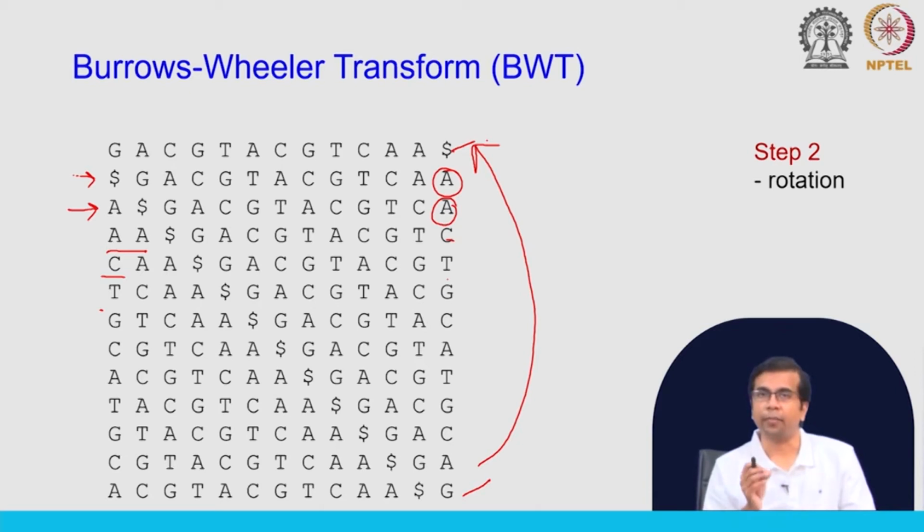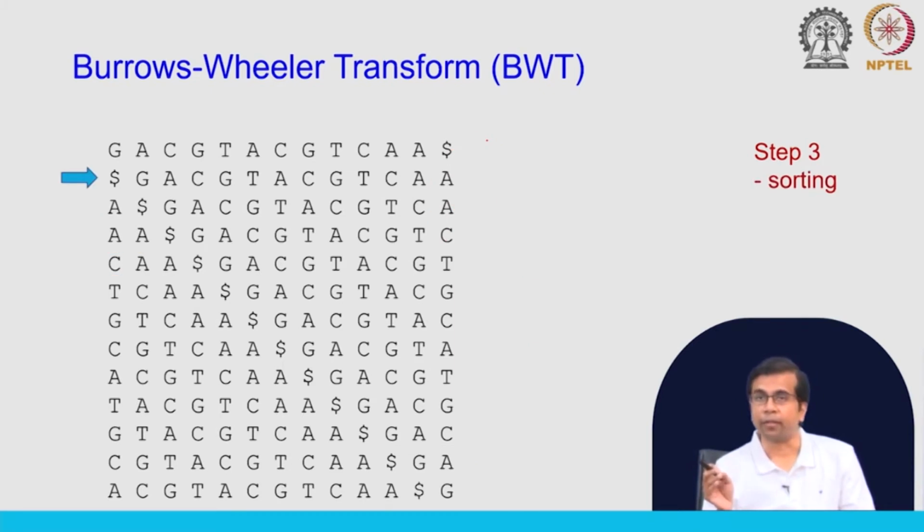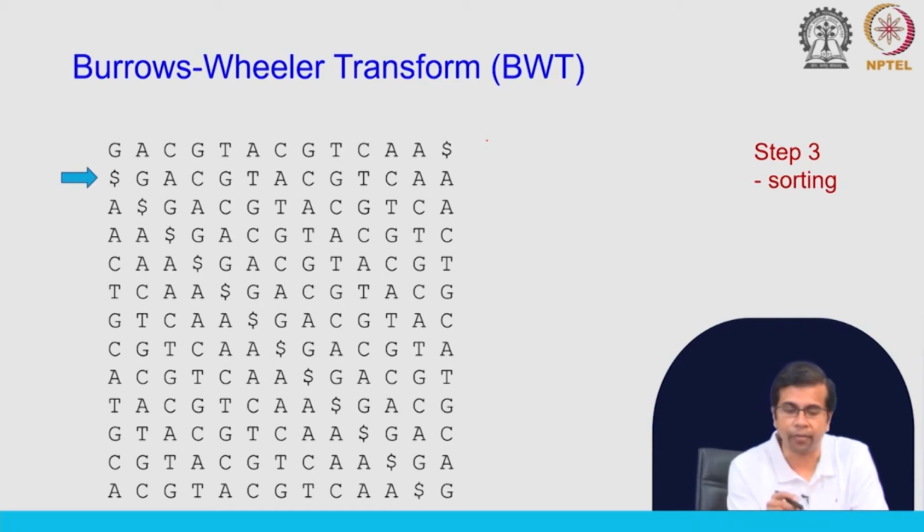Once we have generated these rotations, we take the original string and the rotations and we do the sorting. Here we go back to the sorting step. Please have a look carefully, which one would be the first one?